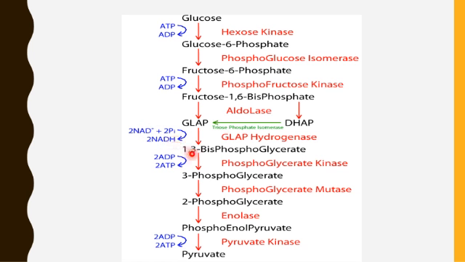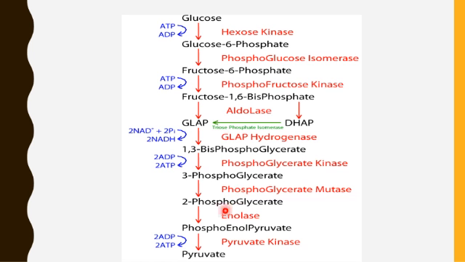Now this 1,3-bisphosphoglycerate is converted into 3-phosphoglycerate, where one phosphate is utilized in the synthesis of ATP, that is ADP to ATP. Now 3-phosphoglycerate is converted into 2-phosphoglycerate. There is just a change in the position of the phosphate from 3 to 2, in the presence of the enzyme phosphoglycerate mutase.